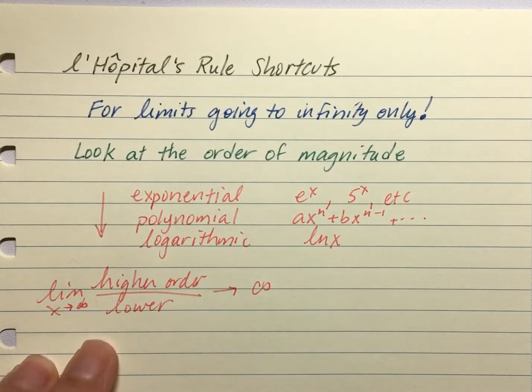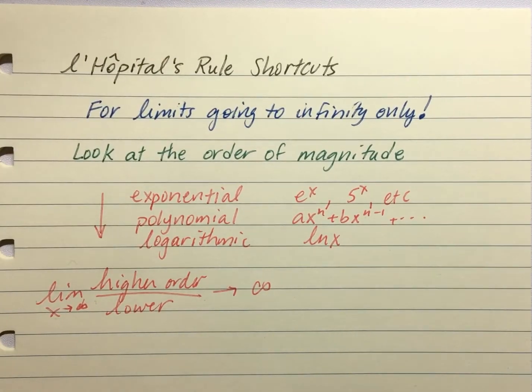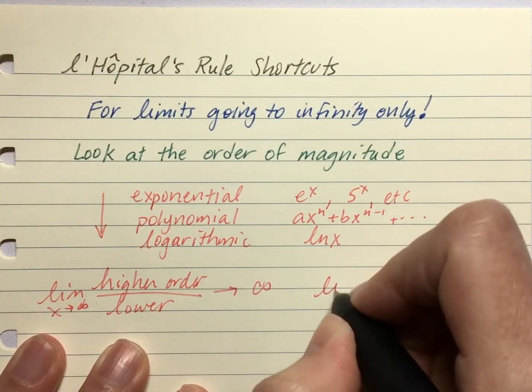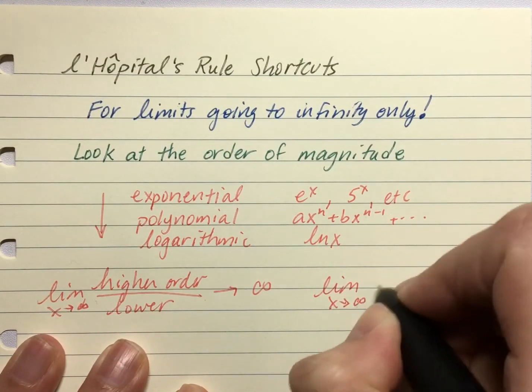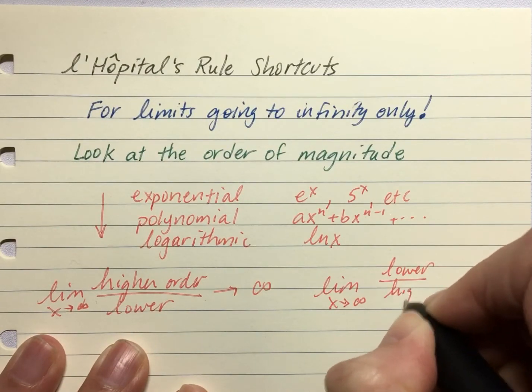If you used L'Hopital a bunch of times, eventually that bottom one would probably just go to some number. Or if you switch that around, you're looking at the limit as x approaches infinity of a lower order of magnitude over a higher order of magnitude.